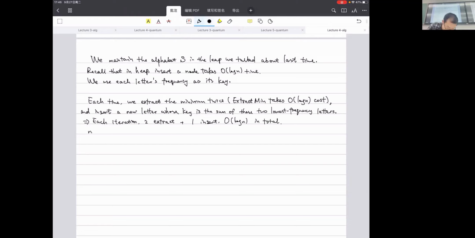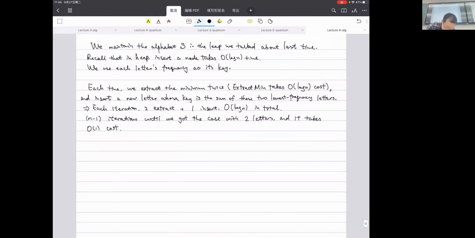And basically, there are like n minus one iterations until we get the case with two letters, and that takes O(1) cost. Okay, so the overall cost, you can clearly see, is basically bounded by n times O log n. It's basically O n log n.